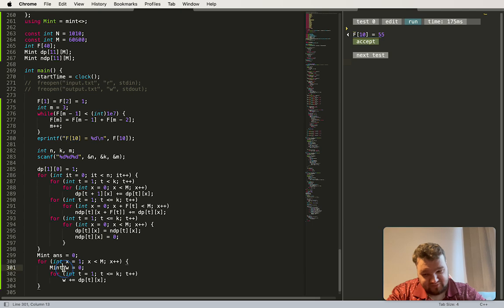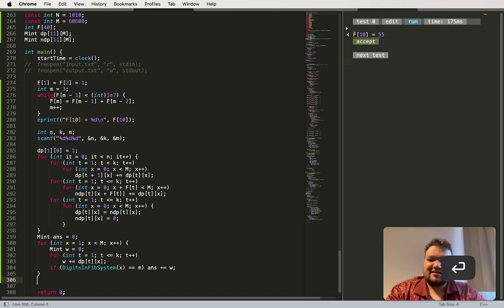This will be the number of ways to get x, and now we just check if the number of digits in the Fibonacci system of x is equal to m, then that's the number we want, and we need to add this count to the answer.